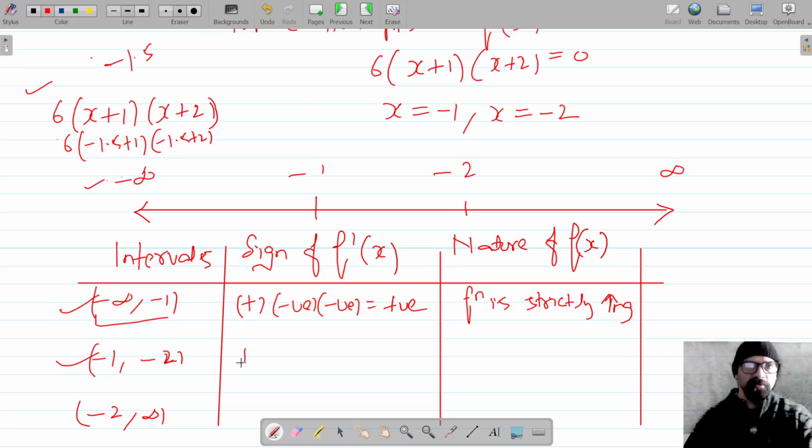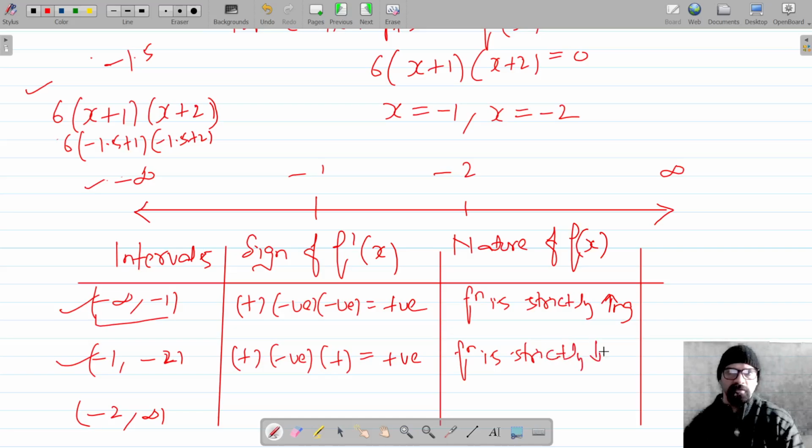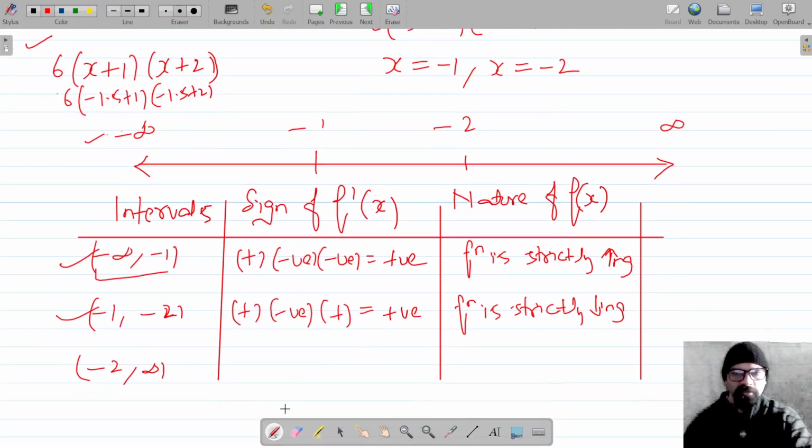So 6 is positive, negative 1.5 plus 1 will be negative, and negative 1.5 plus 2 will be positive. So ultimately this will be, okay, sorry, it's not positive, it's negative. So the function here is strictly decreasing.